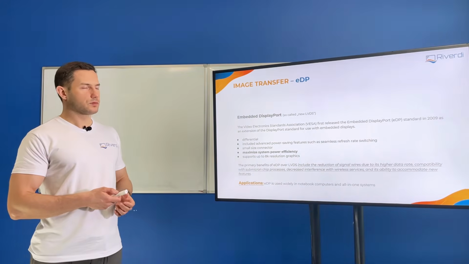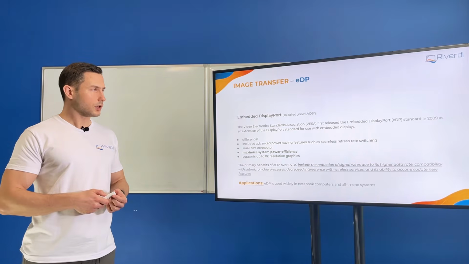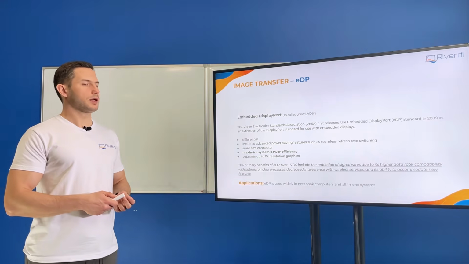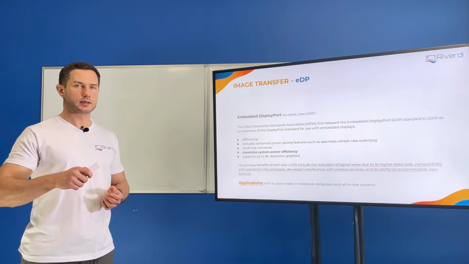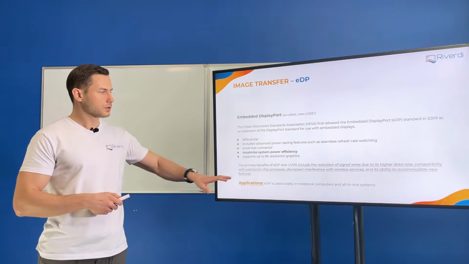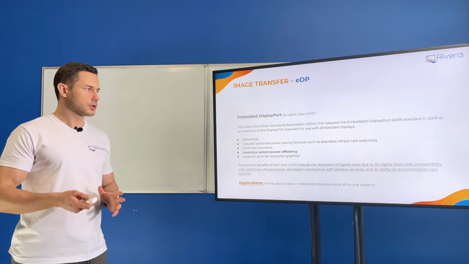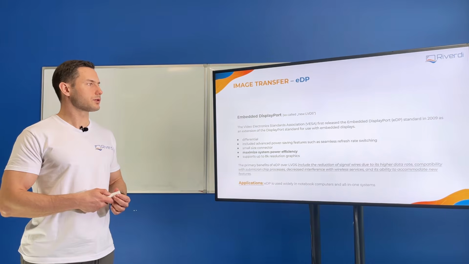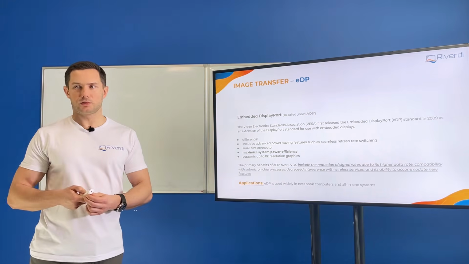All of them, whether MIPI, V-by-One or EDP, are variations of LVDS. Of course, the protocols are different and the signals are a little bit different. For example, with EDP we can have lower noise or reduced power. So all of them have some advantages over regular LVDS, but all of them are actually LVDS type.